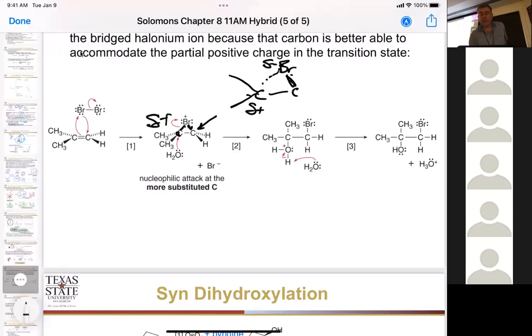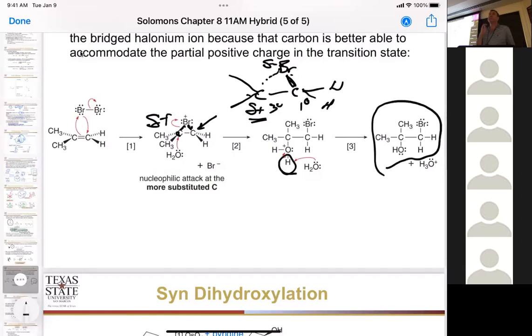And this side has the partially positive charge because it's a tertiary carbon. This is a primary carbon, and therefore it's not going to have the more positive charge. And therefore your nucleophile attacks the more substituted carbon only. And then of course you have to lose a hydrogen to get to your product.